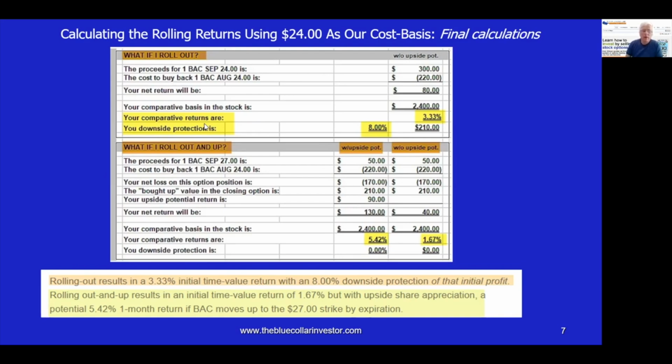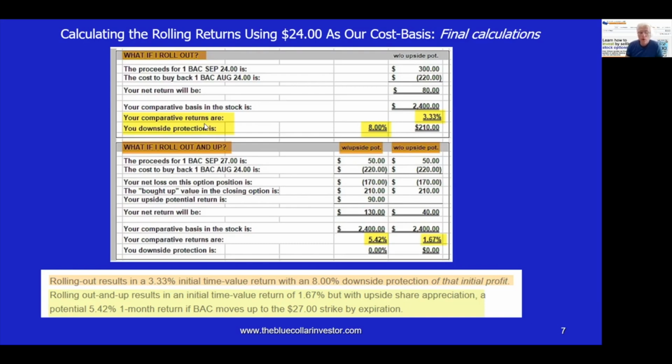But because the value of our shares are worth more once we remove that $24 contract obligation to sell, and we factor that unrealized share appreciation into our calculations, the final results are as follows. Our actual initial return is 1.67%, but with the additional upside potential of our shares moving up to that 27 strike, there's a potential for a total 5.42% 1 month return if BAC moves up to that higher 27 strike by contract expiration.